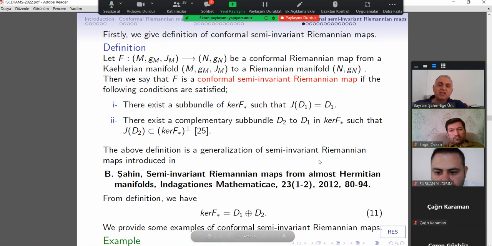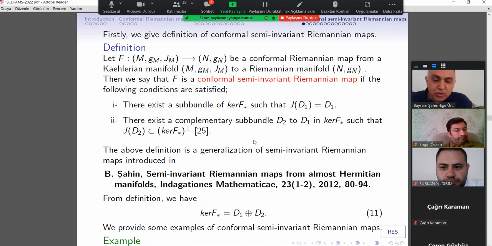By using this idea, you have this decomposition of the vertical space, which consists of two distributions, D1 and D2. This is also a generalization of the semi-invariant Riemannian submersion. So you see, it is a very general notion in terms of this theory.